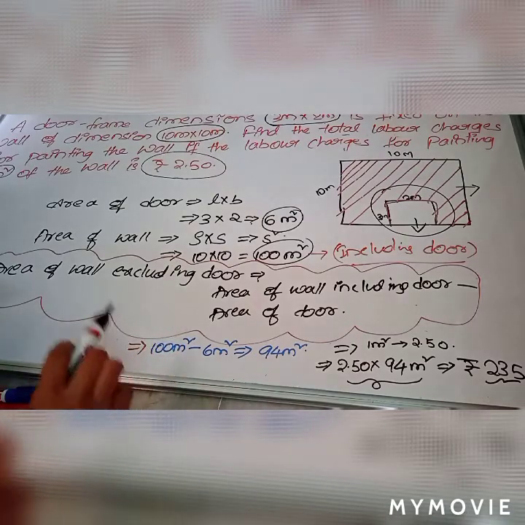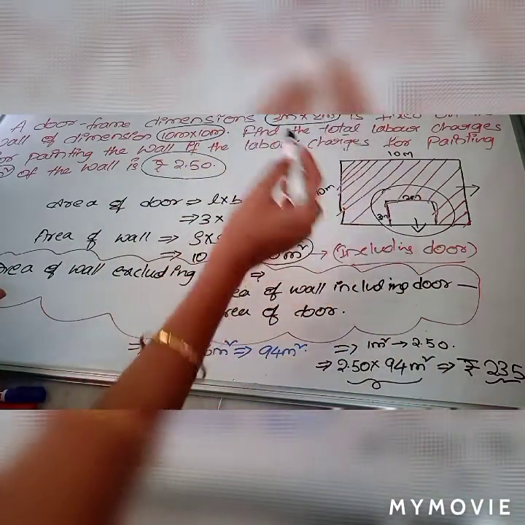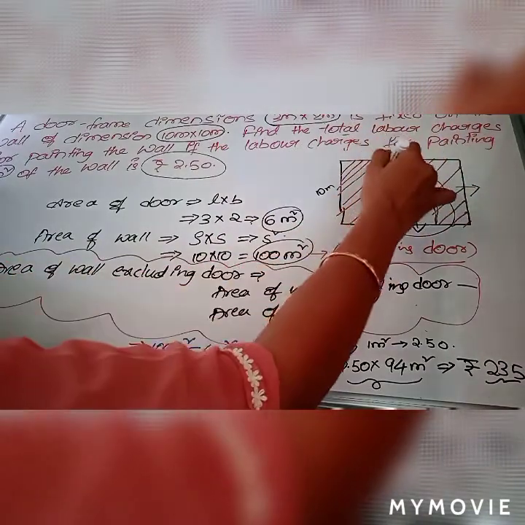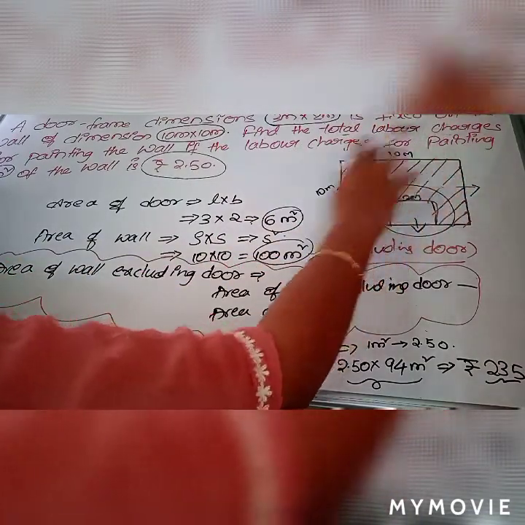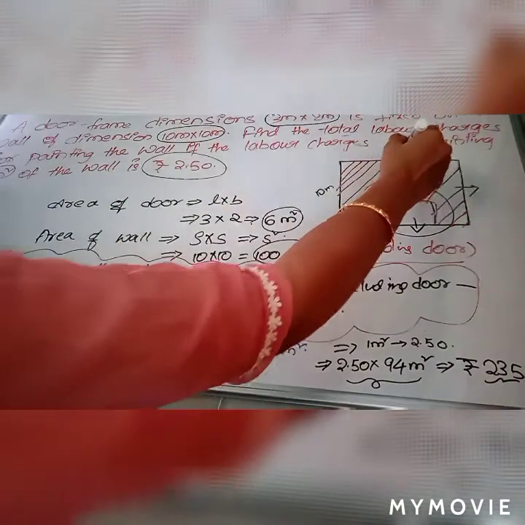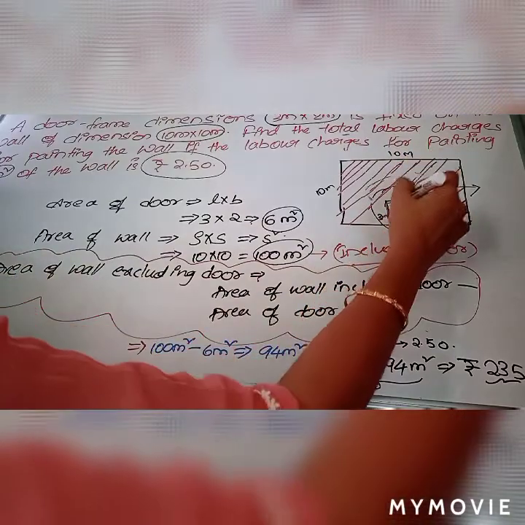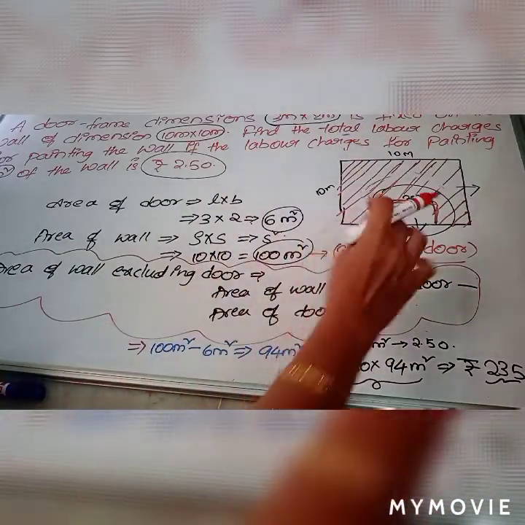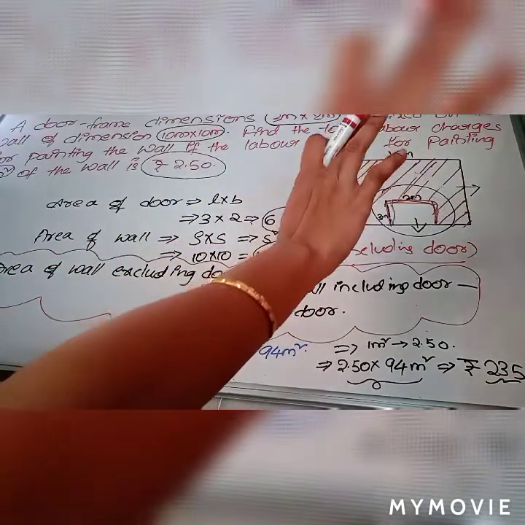The next step is, actually what the given question asks is, we need to find the area of only this region, that is this red color shaded region. That means we need to remove this door from this wall.